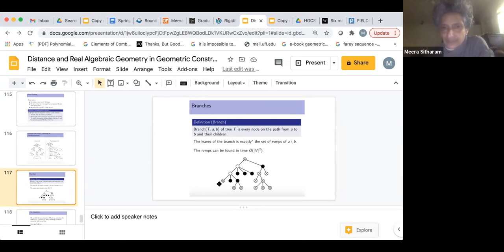You can think of this as A and B, and here's your tree, this is your T. So basically you'll have all of the nodes from A to B and their children. That's the branch. These guys are not included in the branch. The crossed ones are not included in the branch.